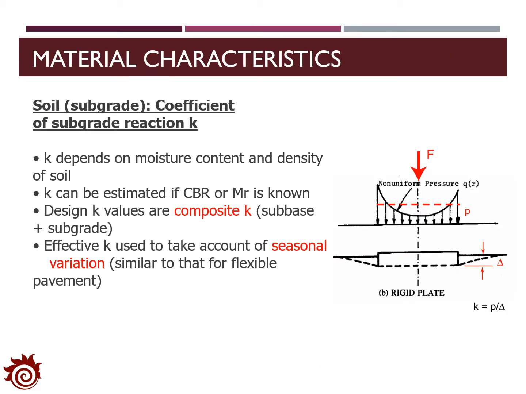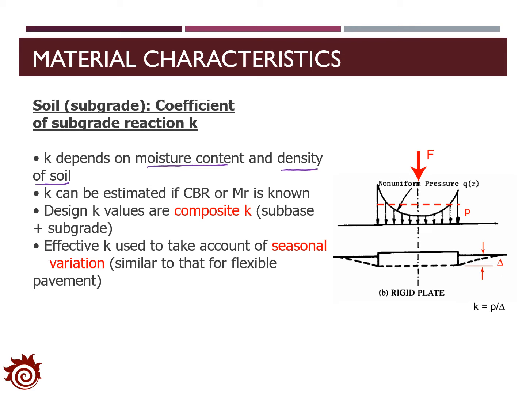In the design of the rigid pavement, we have to use the modulus of the subgrade reaction, which will measure the relationship between the deflection of the subgrade layers and the load applied to the PCC slab. Actually, the value of K depends on the moisture contents and the density of the subgrade soil.